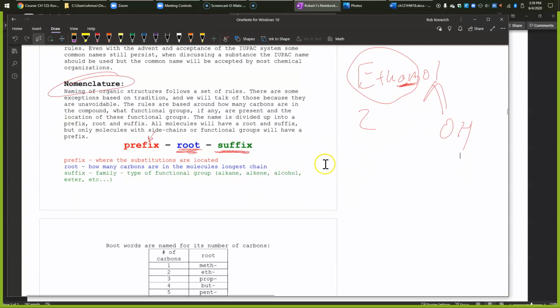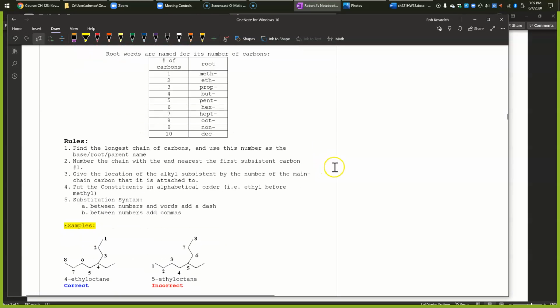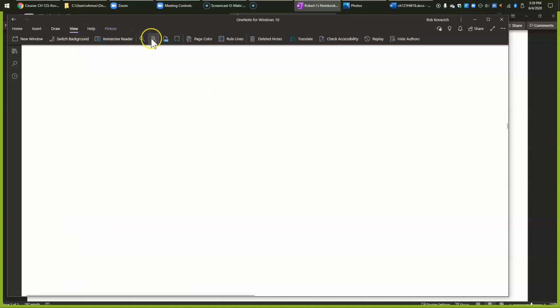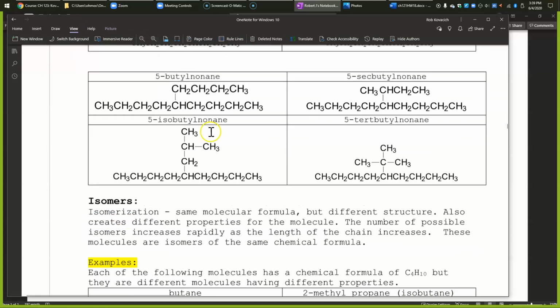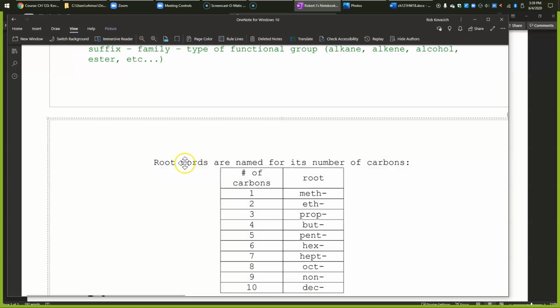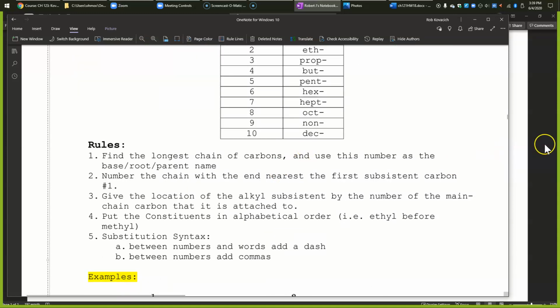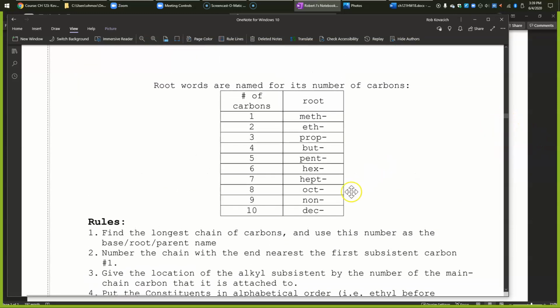All right, so we didn't actually go over this. We talked about it a little bit, but we didn't go into great detail. The prefixes that you're going to need to know to name these molecules, most of them you already know. So you should already know 10, 9, 8, 7, 6, 5, and that's it.